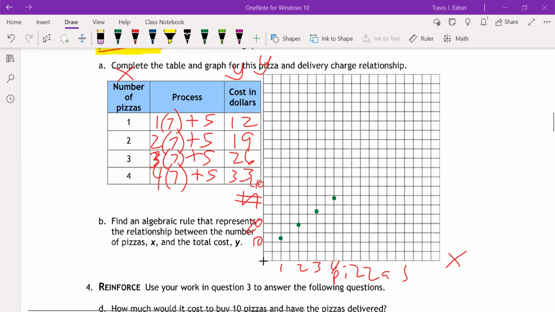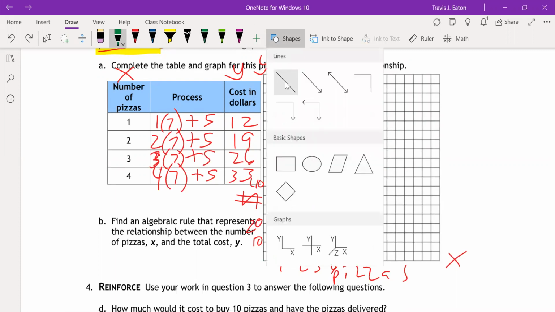What if I start here at the origin, right? And I try to connect these dots. Can I connect these dots by going through my origin? Look at that. I try to connect my dots by going through the origin, and I can't. So let me get rid of that one. Don't like that one at all. So we'll try it again.